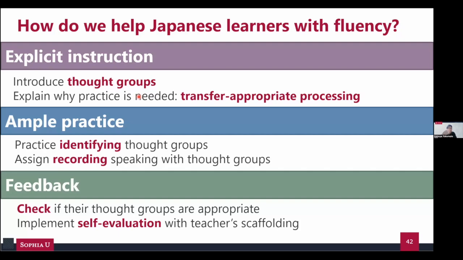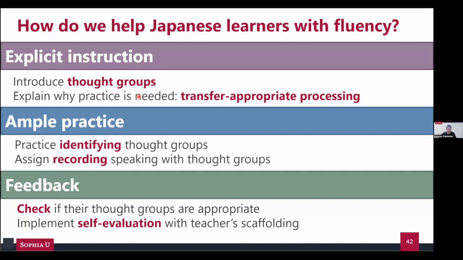So they are good at solving exams, but they have not practiced speaking, so they need to practice. Practice identifying thought groups, recording speaking and checking if their thought groups are appropriate or not. Self-evaluation can be done here because the students have enough grammatical knowledge.